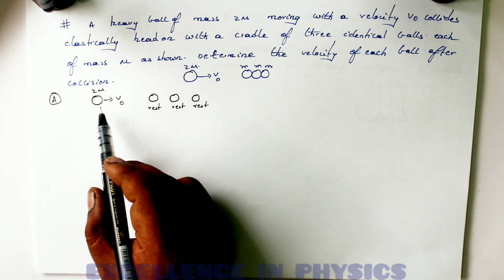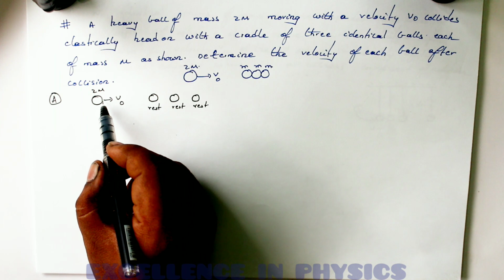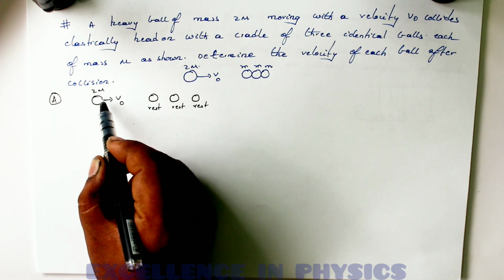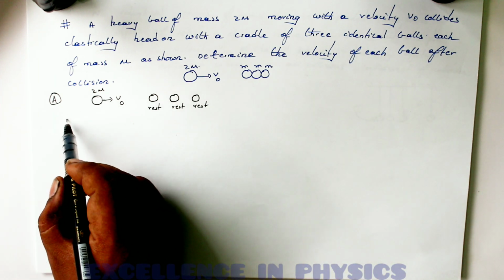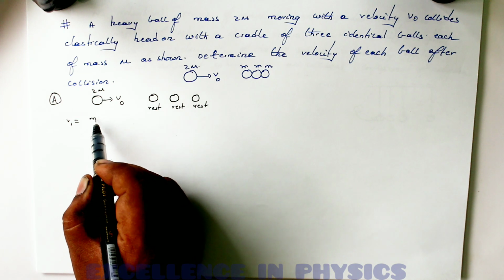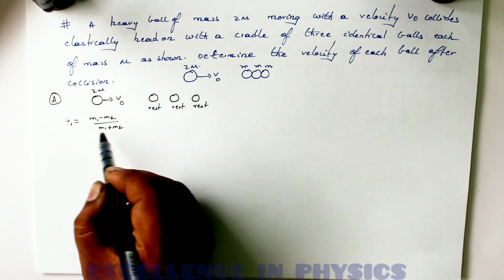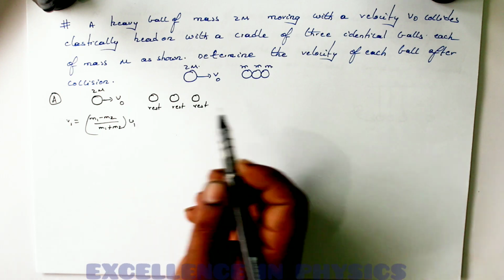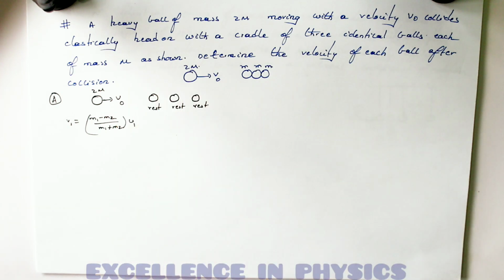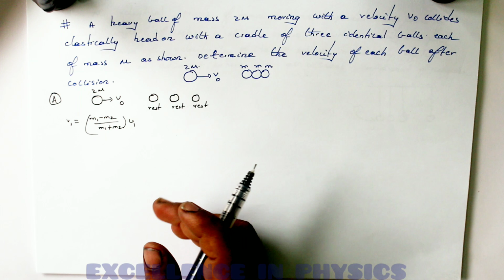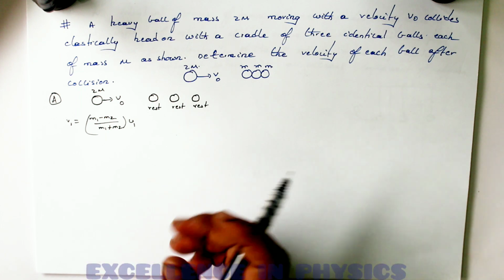Now after the first collision I can find the velocity of the first ball by using the relation v1 is equal to (m1 minus m2) divided by (m1 plus m2) into u1, and u2 is 0, so the next part of the equation I can neglect.